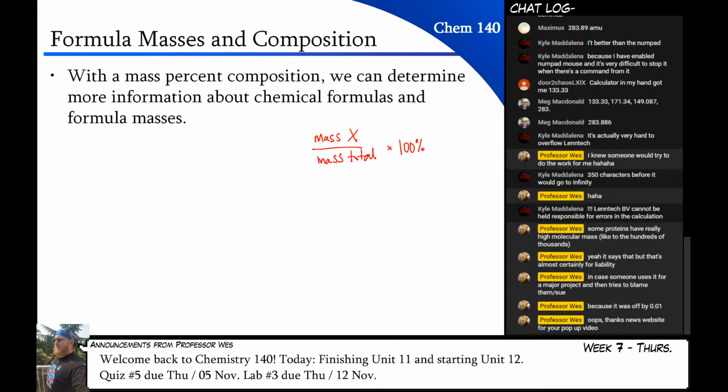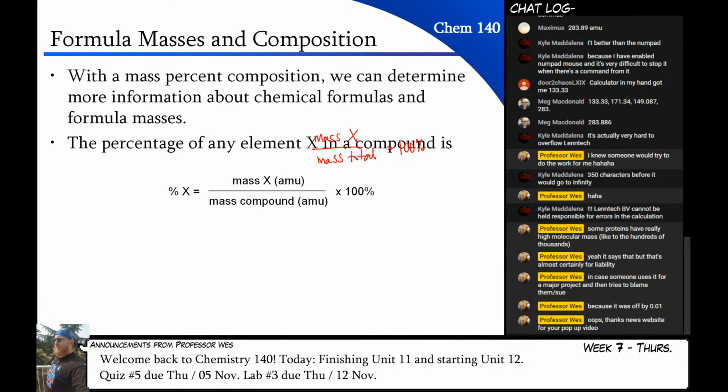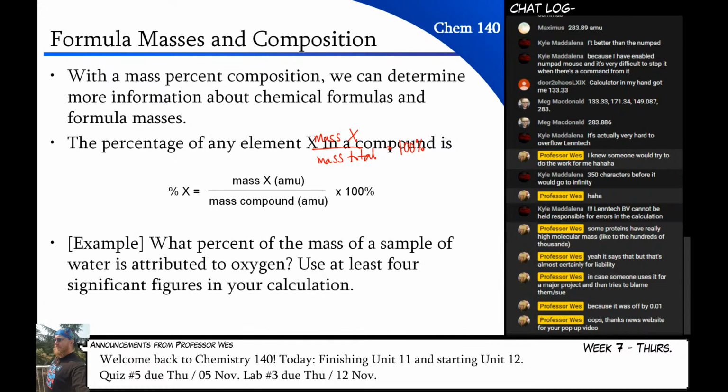That formula is going to be used here. We're going to use that in problems like... Oh, I guess I haven't actually shown you that formula here. I thought we went over that earlier in the quarter. I guess not.